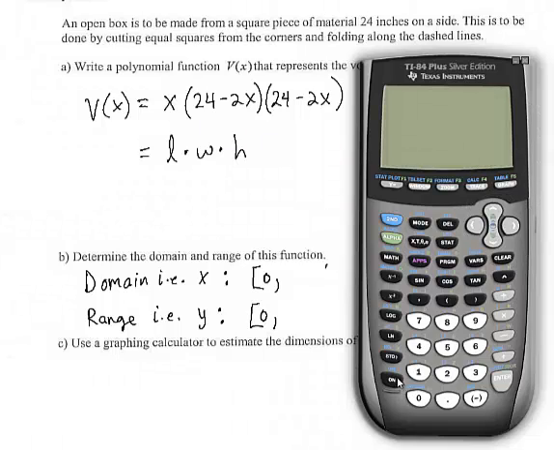So once again, I will go to the Y editor, I'll type in my function for volume, just the same way that I've written it out with the factors. 24 minus 2x, and if you wanted to, you could simply square that, since there's two of them multiplied together.